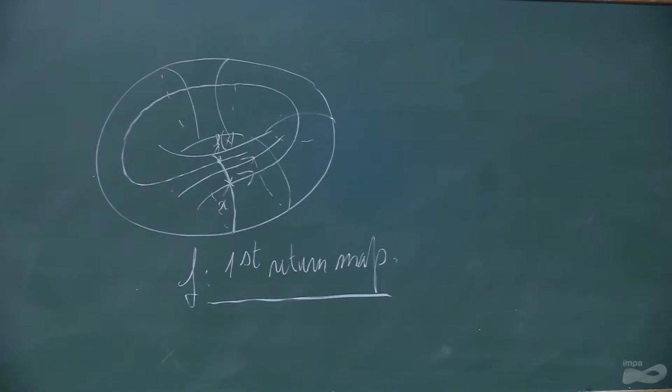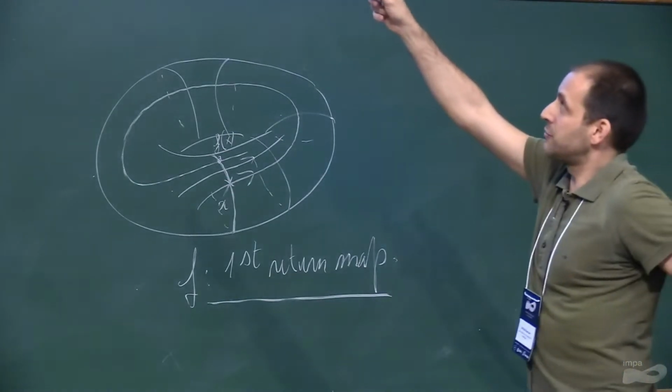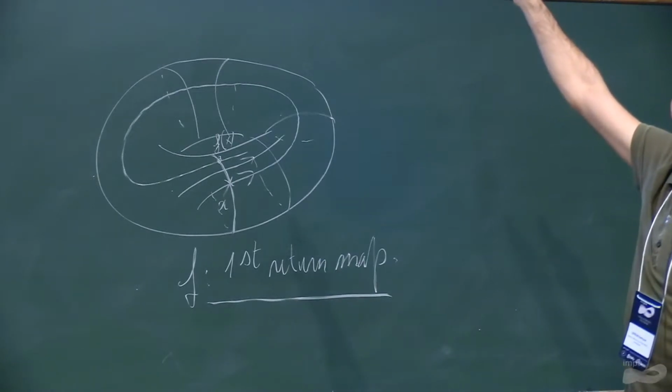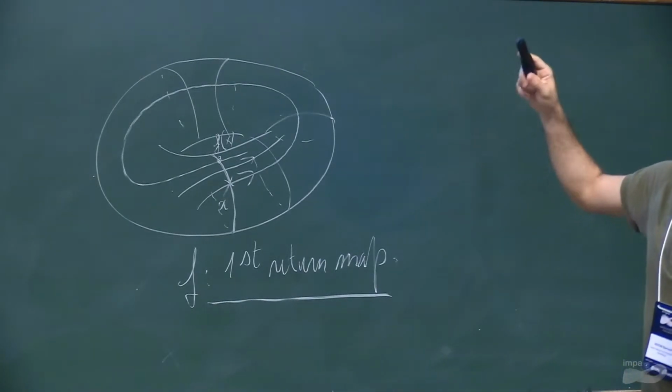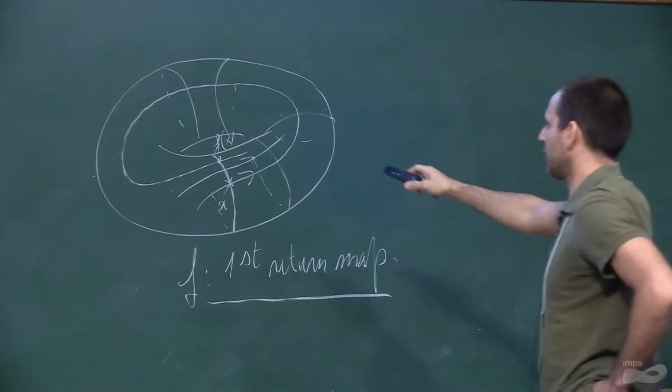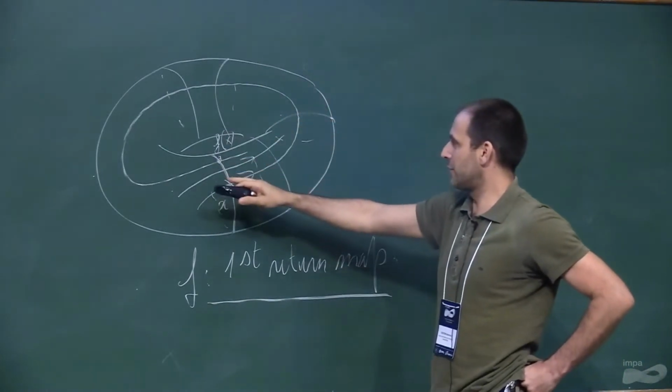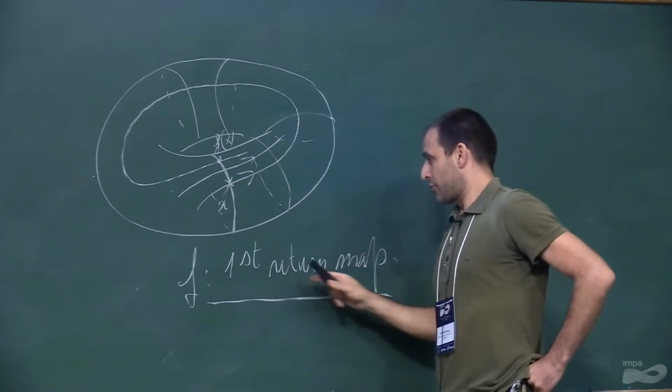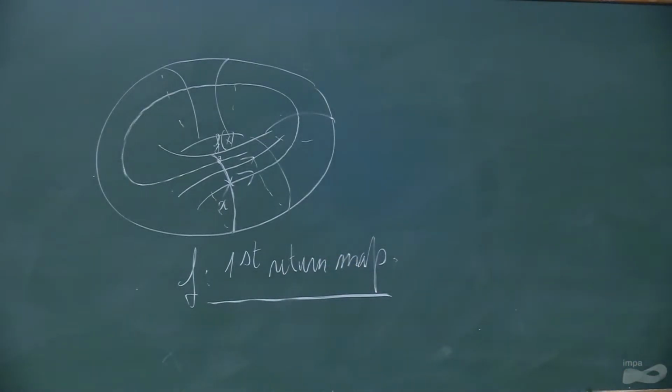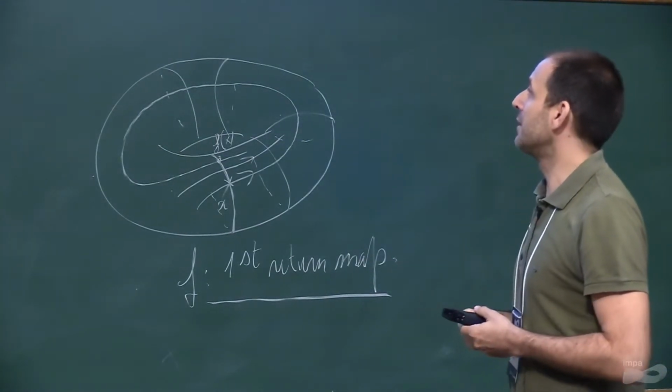And so Arnold has studied this family of diffeomorphisms of the circle. You can also go the other way around: given a diffeomorphism of the circle, you can construct a vector field on a torus such that the first return map is your given diffeomorphism. And so Arnold studied this very famous family.